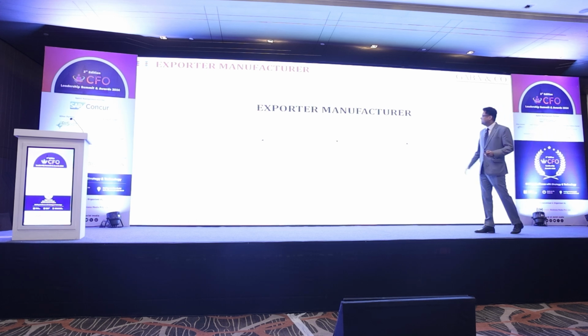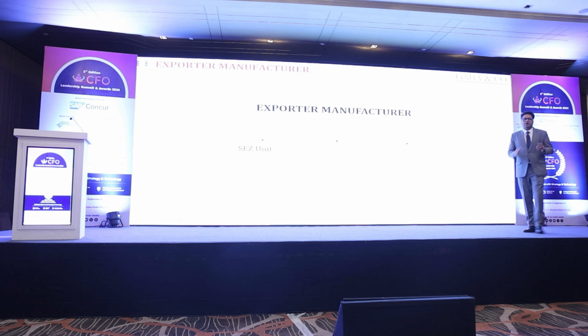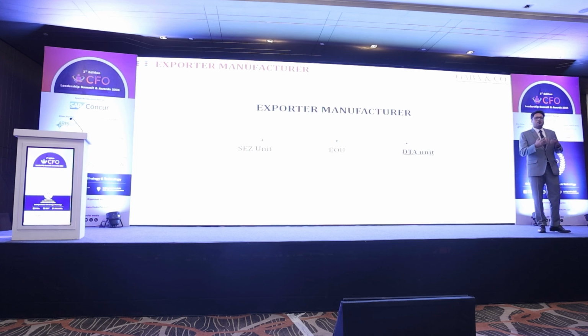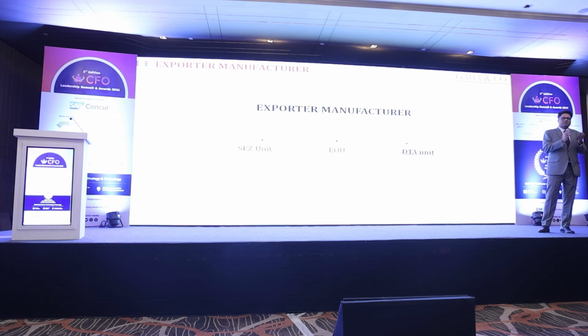Then exporter manufacturer, again, if you are not a domestic supplier, you have exports. You can be an SEZ unit, you can be an EOU, you can be a DTA unit. SEZ, EOU obviously have a separate scheme which is in fact inbuilt. The entire efficiency is inbuilt in those schemes, so you don't have to worry.